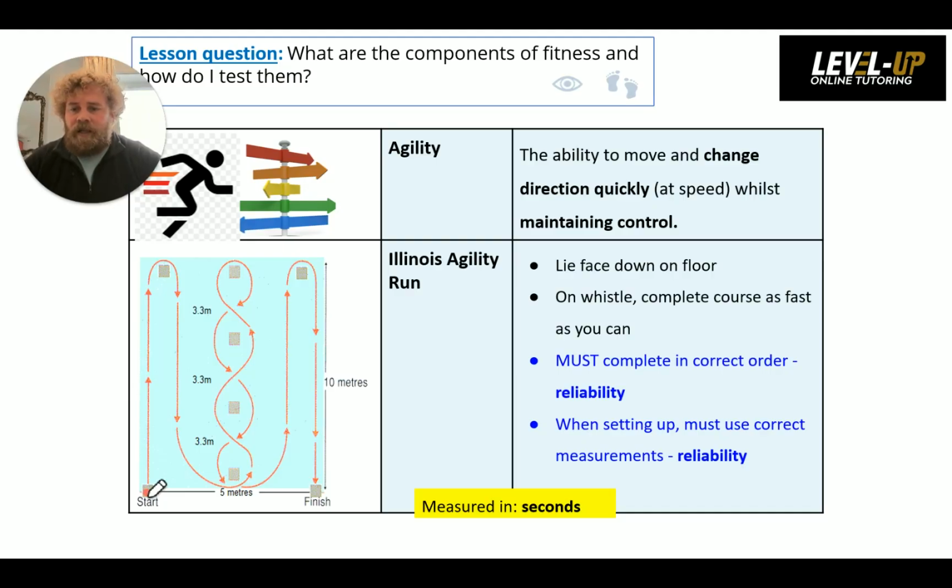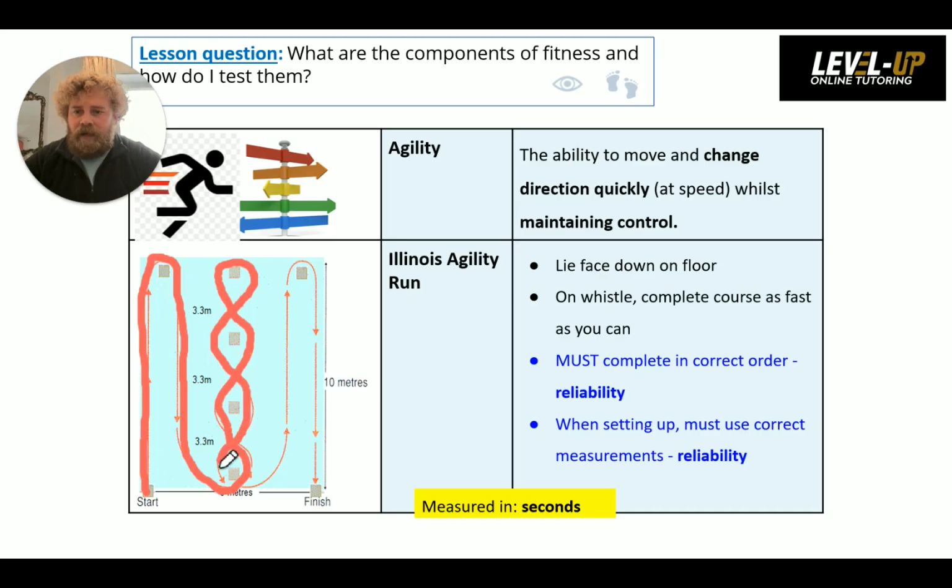You would start at this point here, run around the first cone at 10 meters, run back around, and then each 3.5 meters you have figure of 8s to follow. There's 4 figure of 8s up and then back down as well.